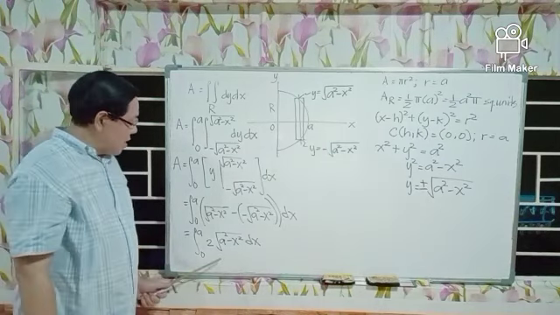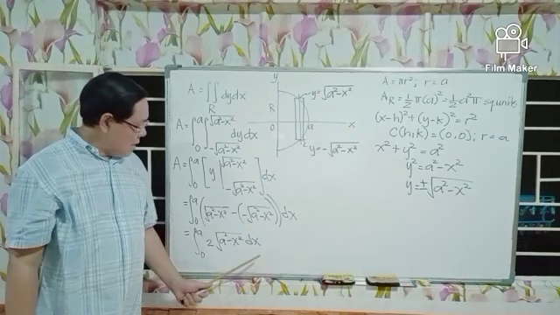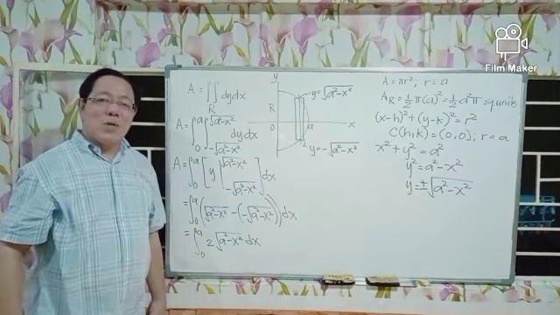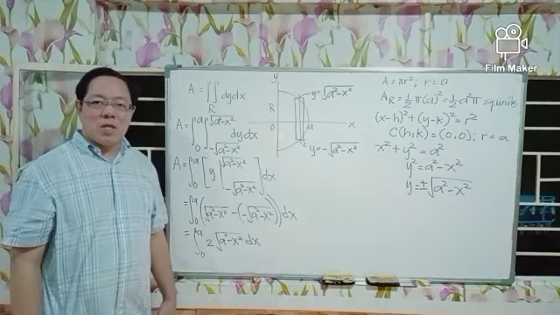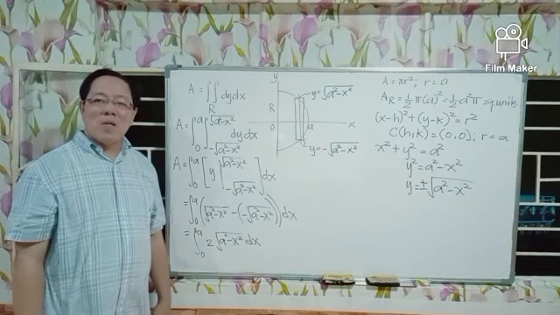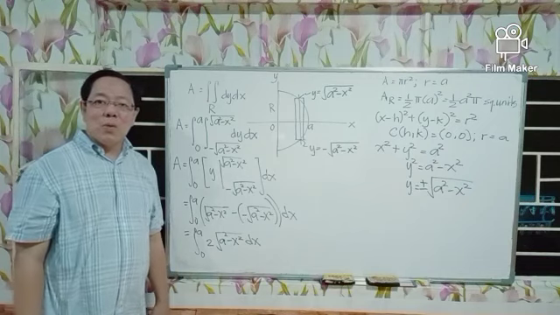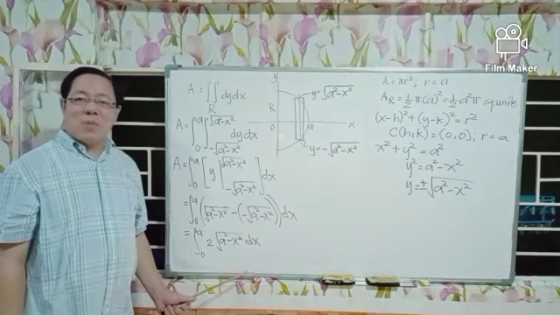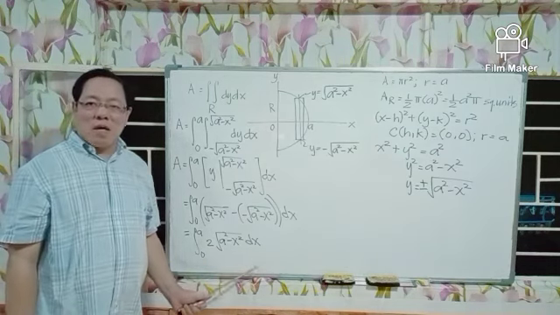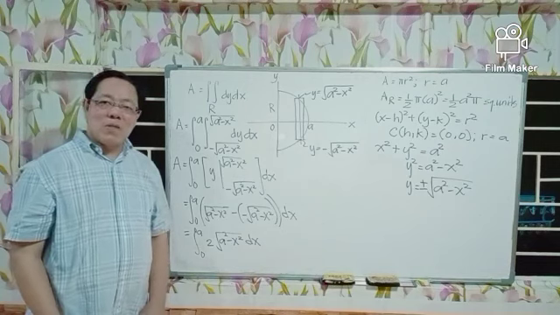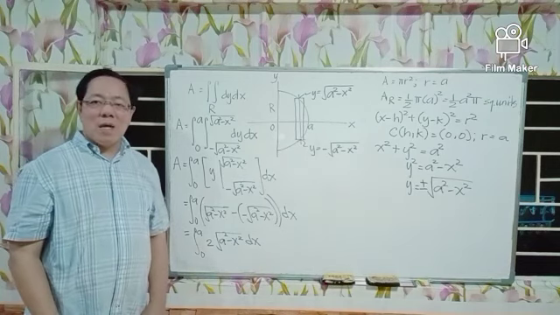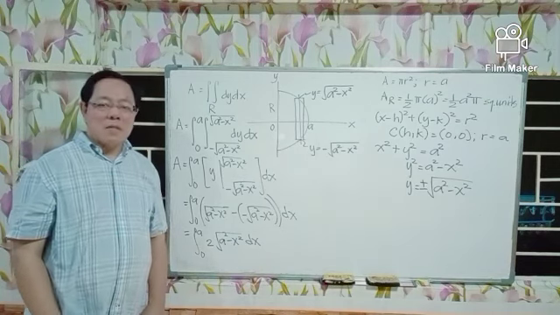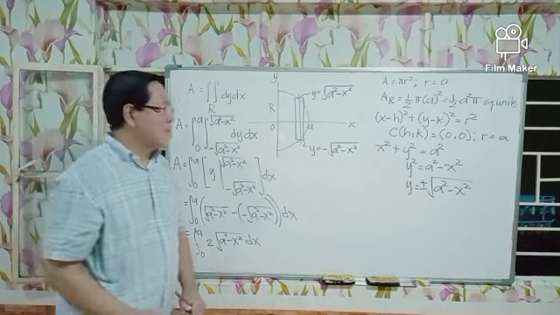By inspection of this integrand, it suggests that we use a trigonometric substitution. From your course in Calculus 2, Integral Calculus, if the integrand contains an expression of the form a squared minus x squared, then we use the trigonometric substitution a times sine theta.